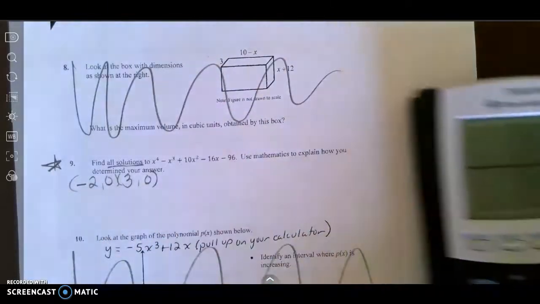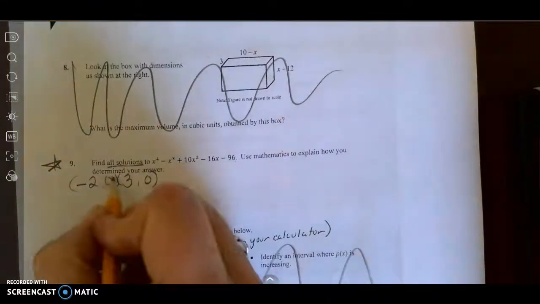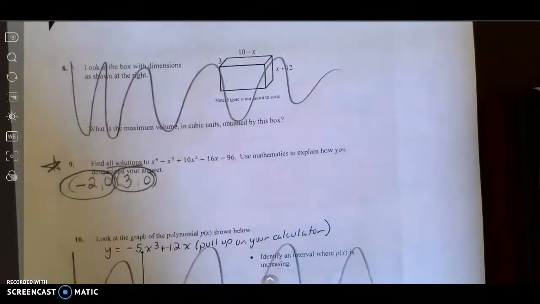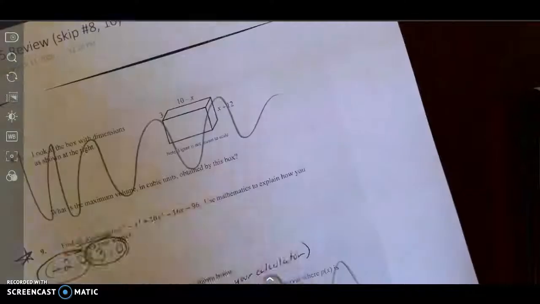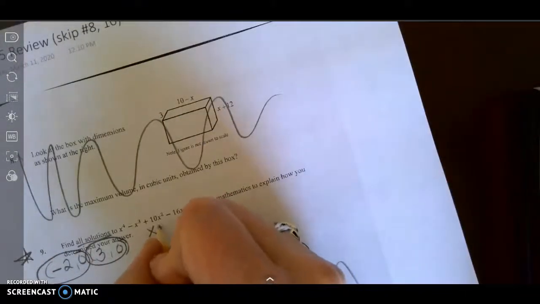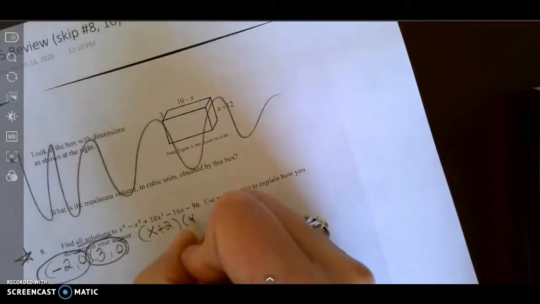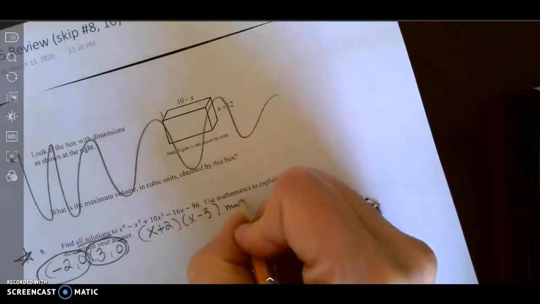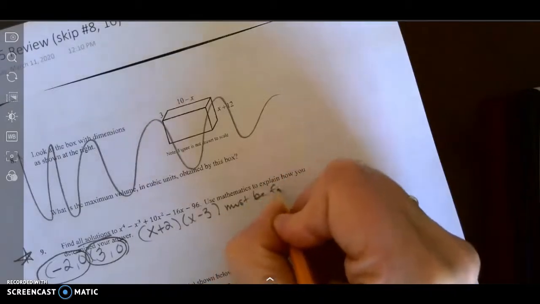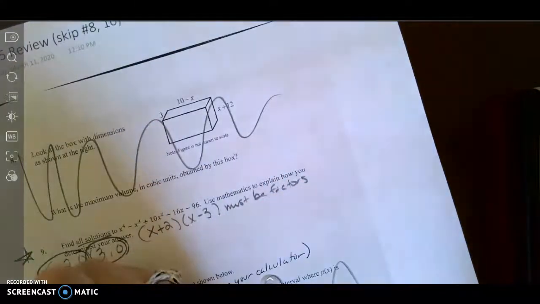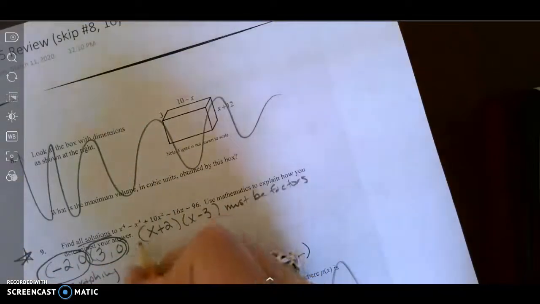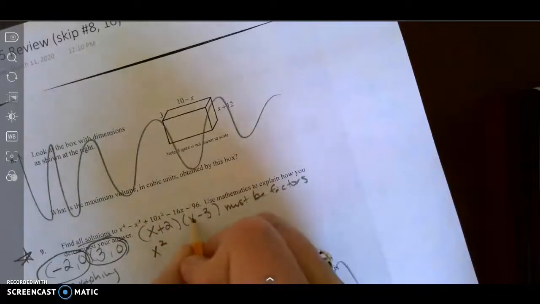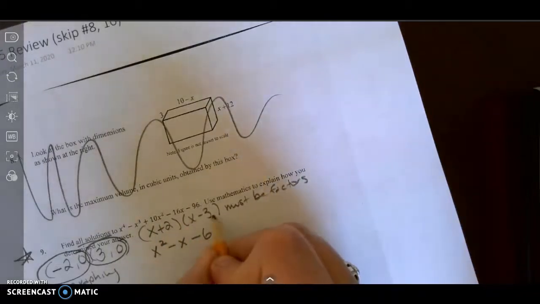Which means that these are 2 of my solutions. I have found 2 of my 4 solutions. This means that my factors x plus 2 and x minus 3 must be factors. I found these by graphing. When I multiply this together, I get x squared, -3 and +2 is -1, and then 2 times -3 is -6.